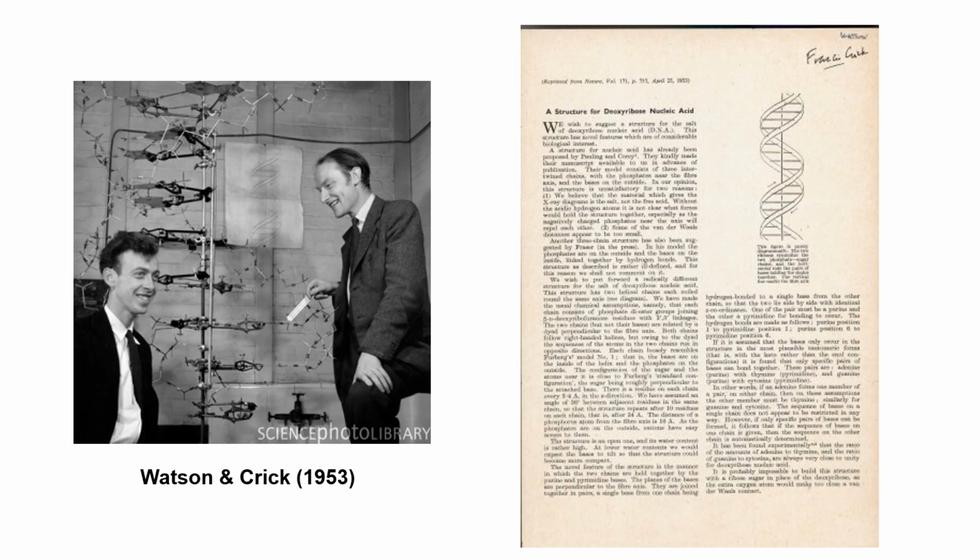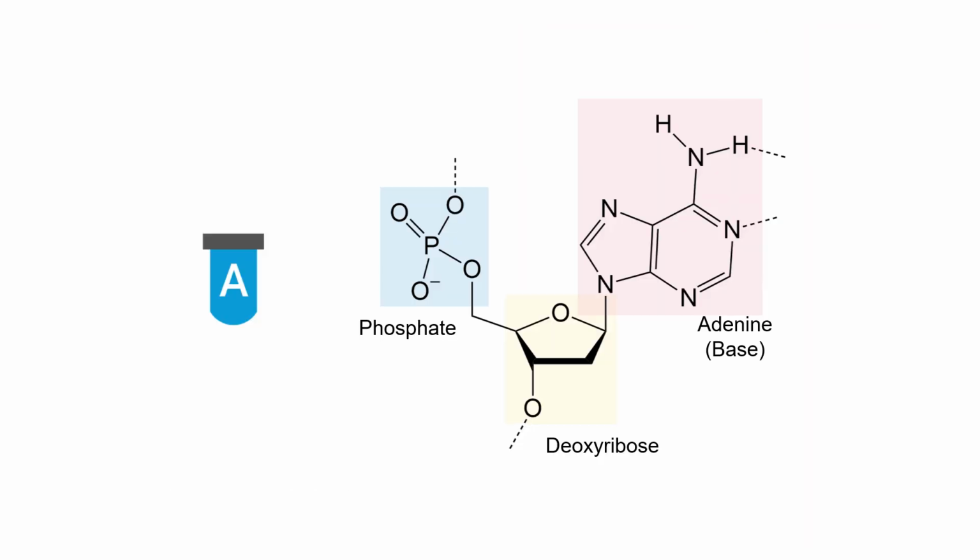And this is the first historic paper, published in Nature in 1953. So currently we know that the DNA molecule has deoxyribose in the center, with the base on one side and a phosphate group on the other side.